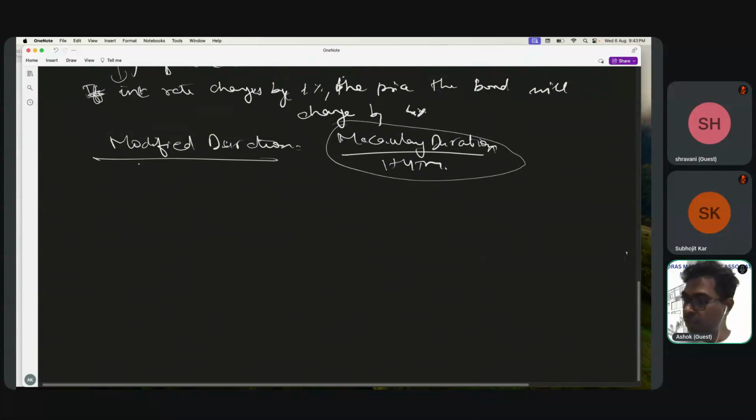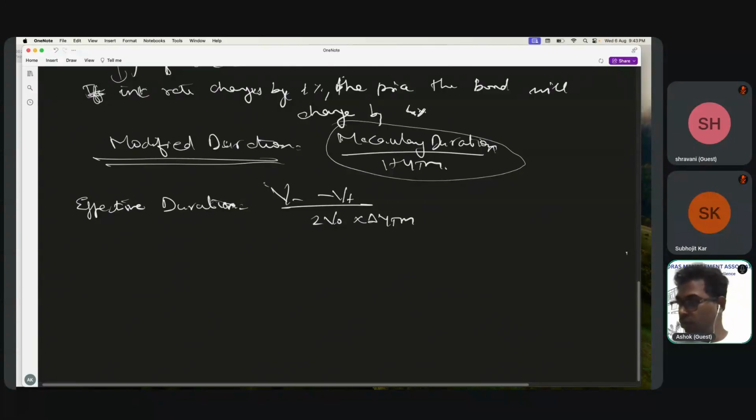Now this modified duration can be found out in another way also. That is called effective duration, whose formula is V minus, minus V plus, divided by 2 V0 into delta YTM. So this is like the average change based on this change in YTM.